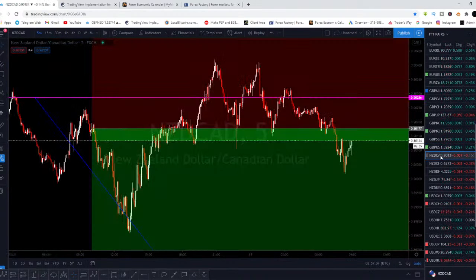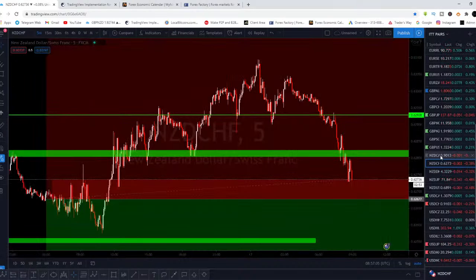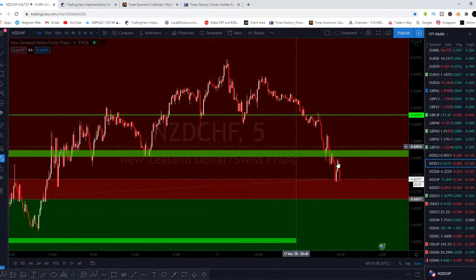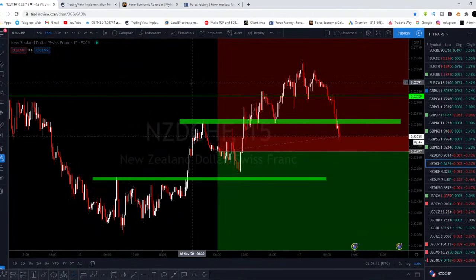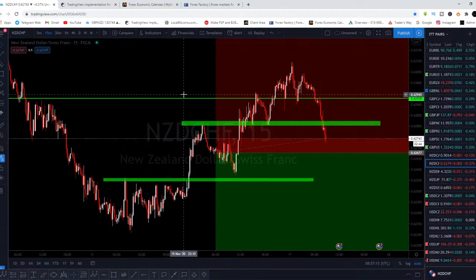NZD CAD as well, but NZD CHF still pushing to the downside, right? So yeah, let's see what happens. Like I said earlier on, I'm still holding the trade. Three of them, I'm still in it.